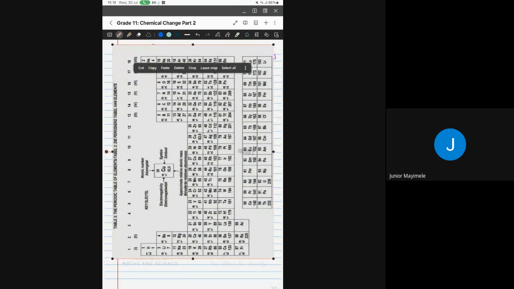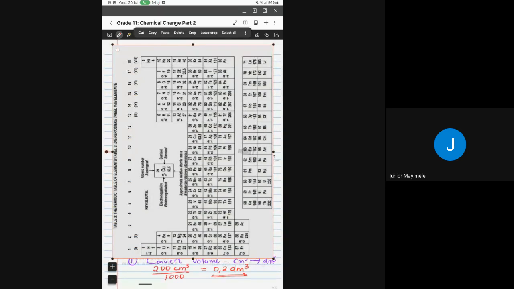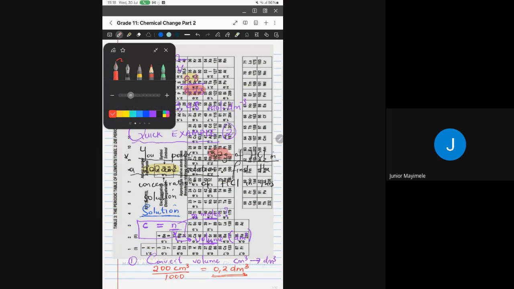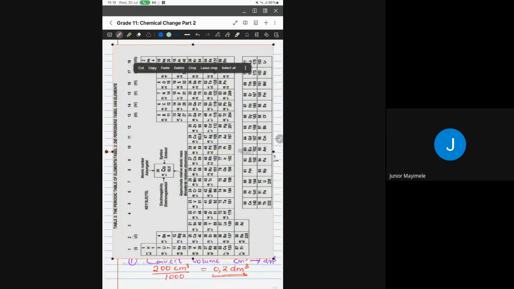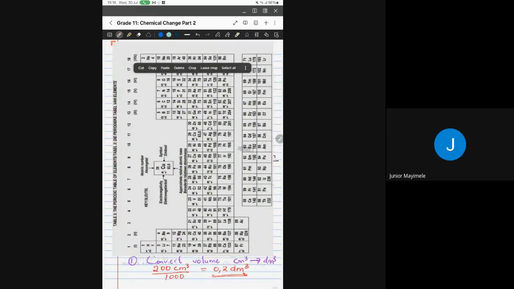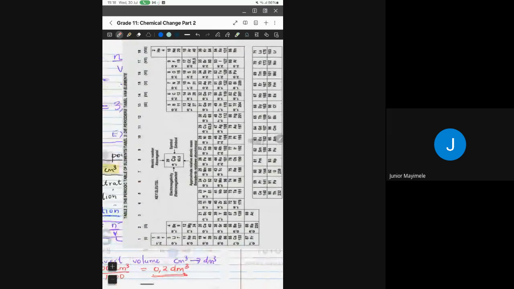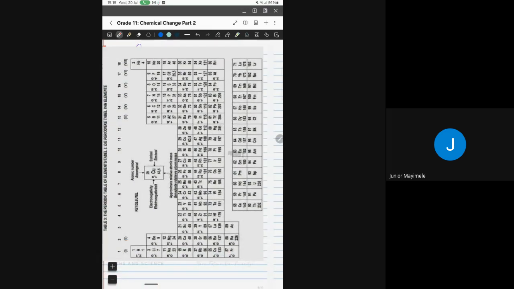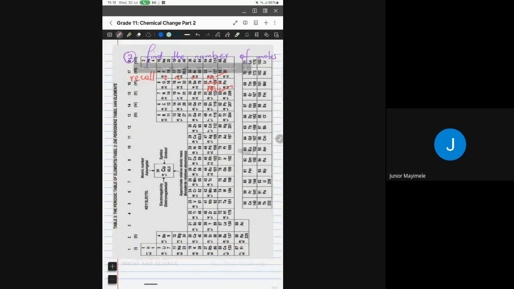Now, from our periodic table, we want to find the molar mass of hydrochloric acid. Hydrochloric acid has hydrogen and chlorine. Where's my chlorine?